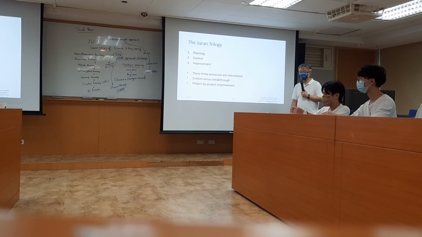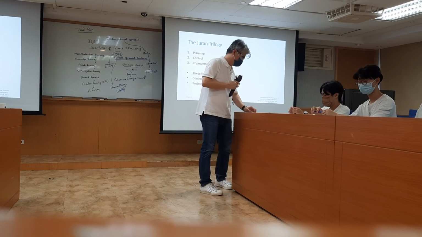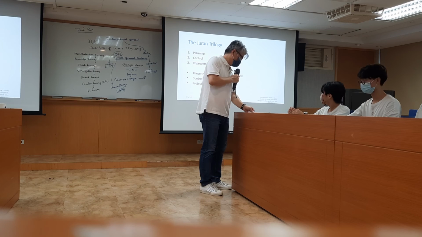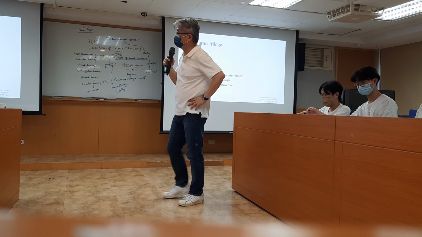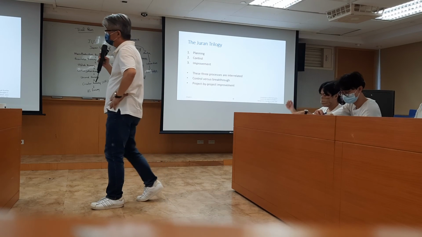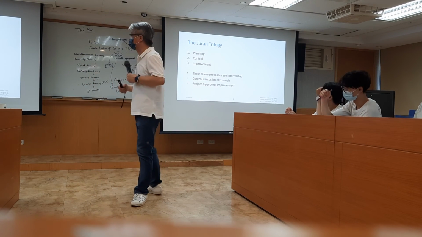This is the Juran trilogy. On top of page 22: planning, control, improvement. The three processes are interrelated; we call it interwoven.